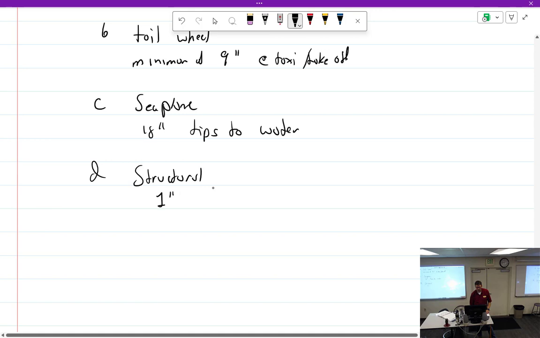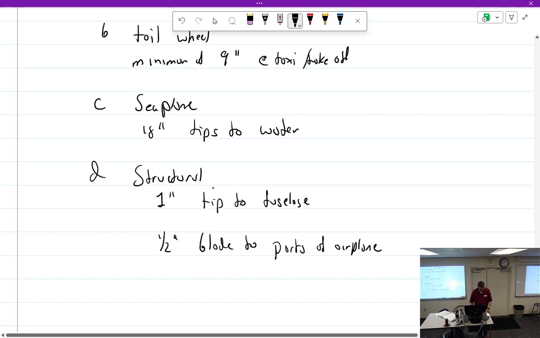It had 1 inch tip to fuselage and 1/2 inch blade to parts. That's literally what my notes say, parts of the airplane.